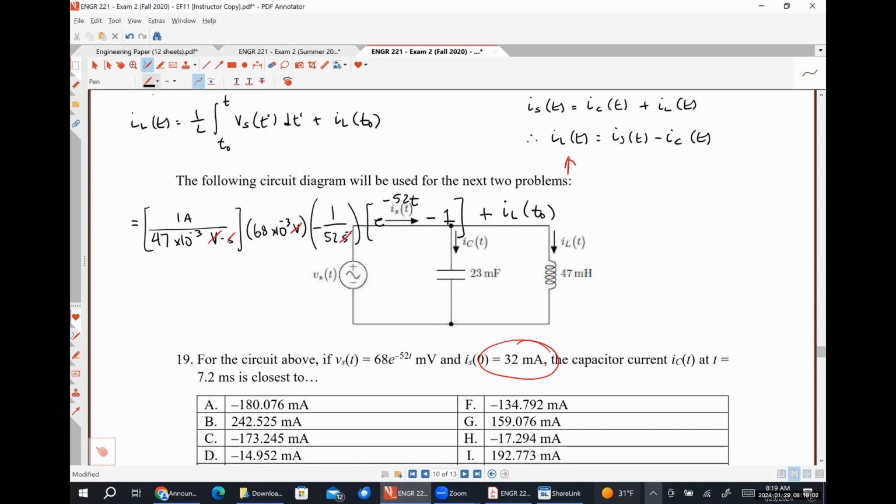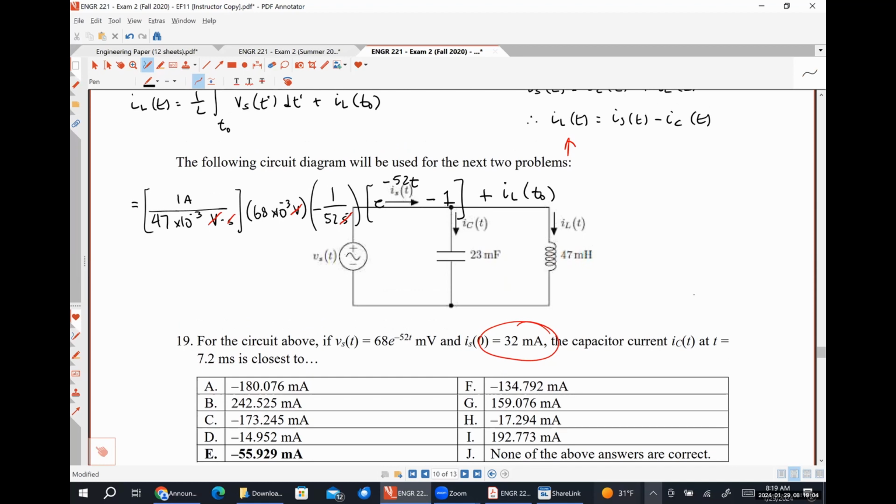IC at 0 is going to be 23 times 10 to the minus 3 amp seconds per volt times 68 times 10 to the minus 3 volts, and then also multiplied by negative 52 per second.